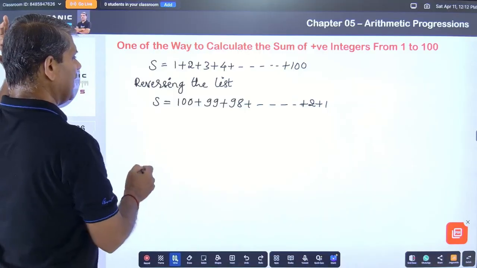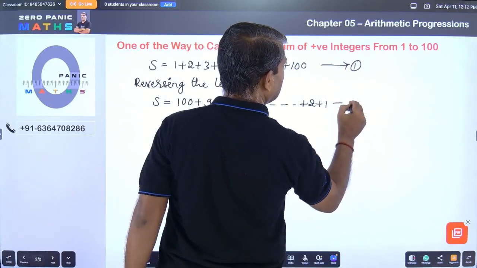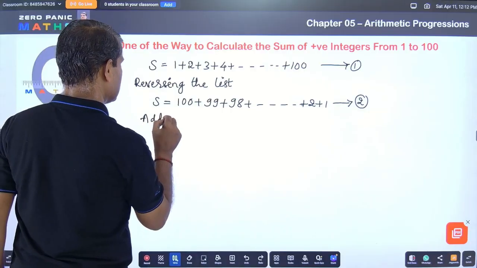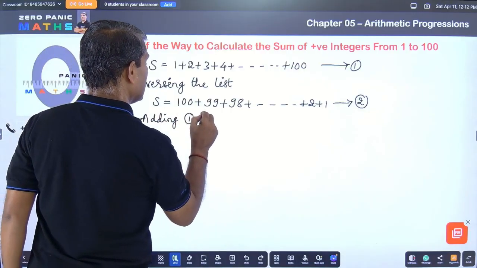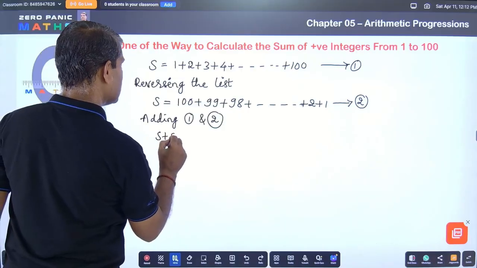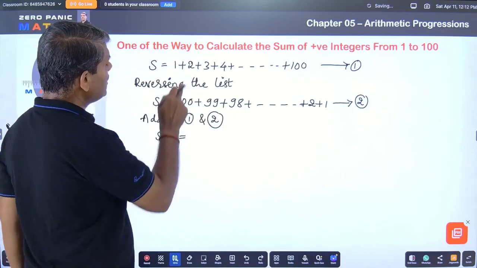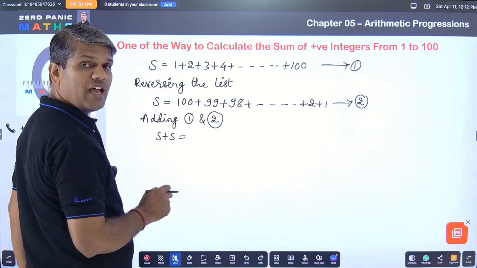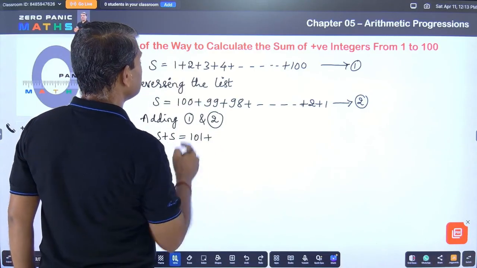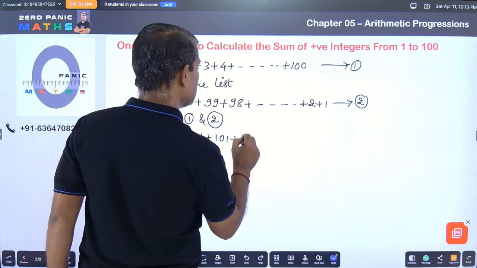Call the first equation 1 and the second equation 2, and add them. On the left hand side we get S plus S. On the right hand side we add term by term. 1 plus 100 is 101, plus 2 plus 99, which is also 101, plus 3 plus 98, which is also 101.